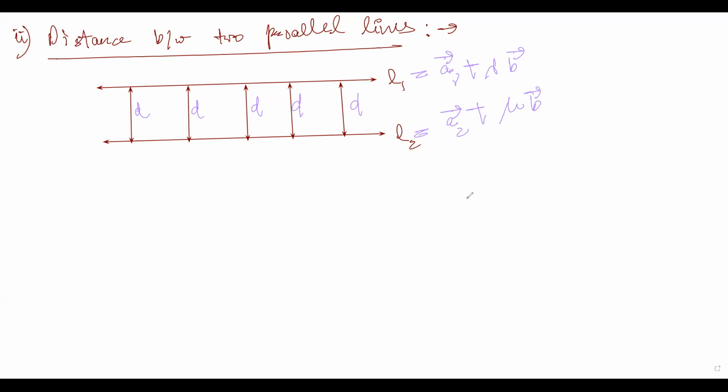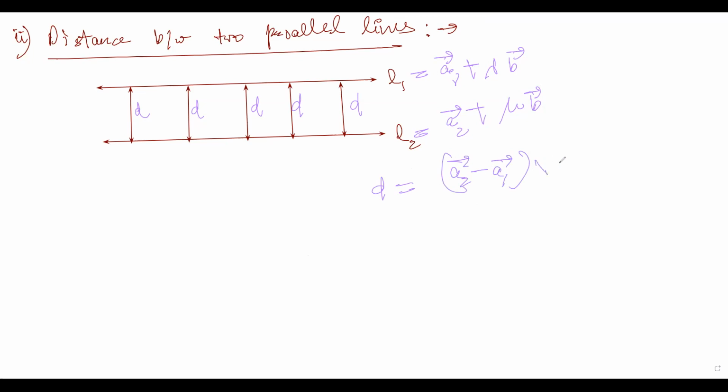Hence, the distance between them can be found out using this direction B and the distance between A2 and A1. In the form of vector, D would be A2 minus A1.